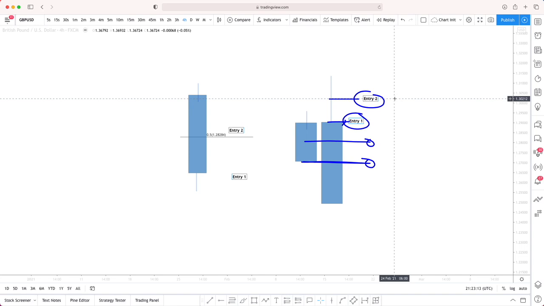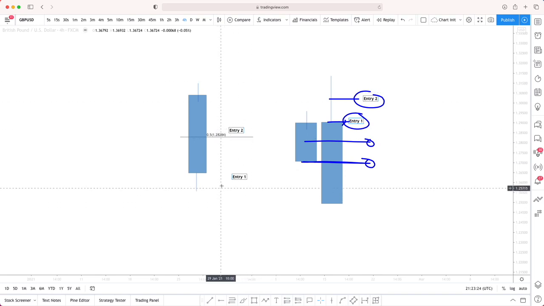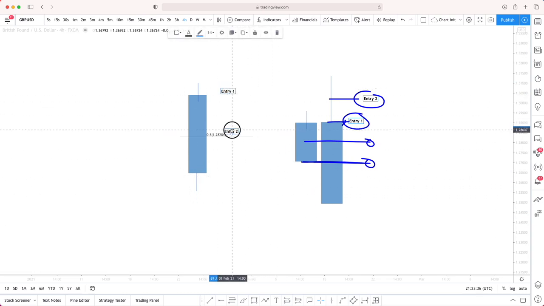Now, when you have a spread issue, generally for a sell, you should put your stop loss above the high of the OB and add your spread. For a buy, you can put it below the low, but in terms of your entry, just add whatever your spread is to the entry. This is for a sell I'm showing you here. If you're looking for a buy, that would be your entry 1 and that would be entry 2.